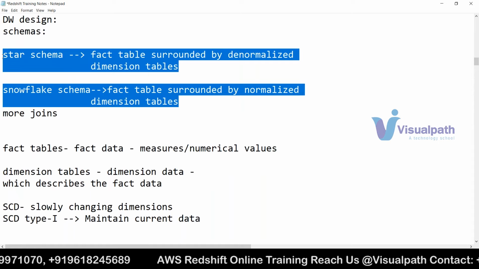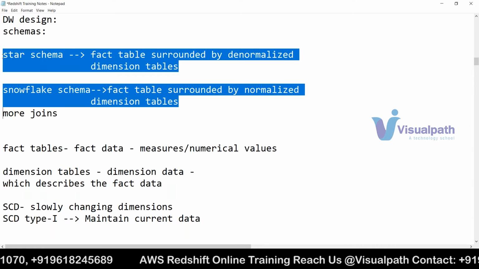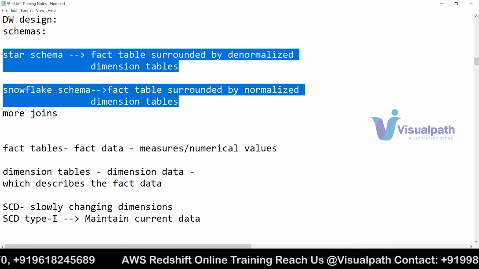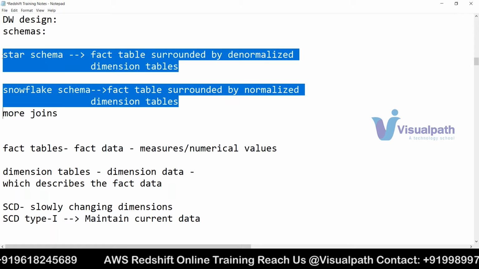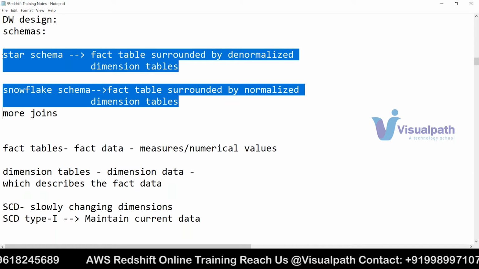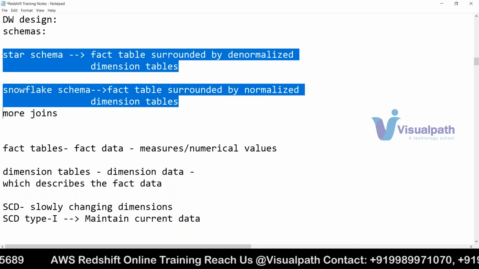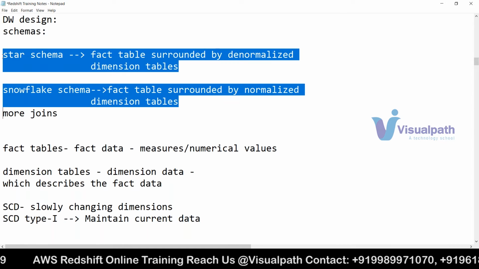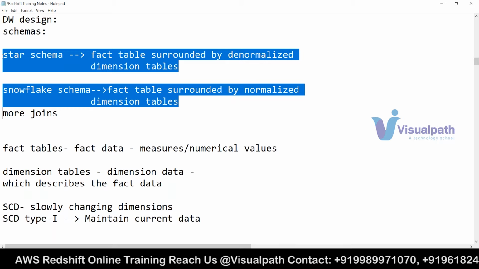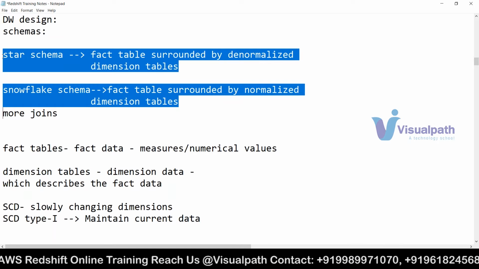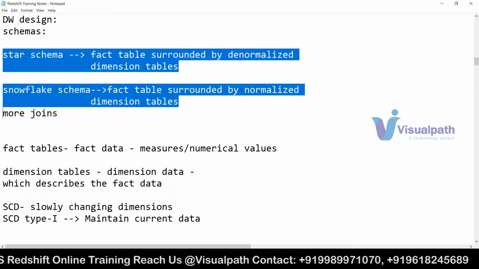Star schema and snowflake schema. In data warehousing, how the tables are related is known by their design. In any design, the tables are only of two types, fact tables and dimension tables.